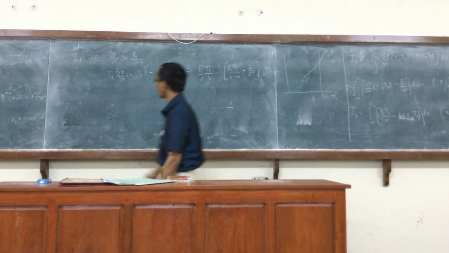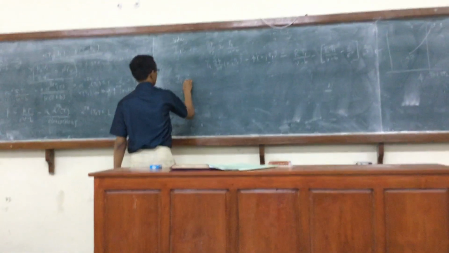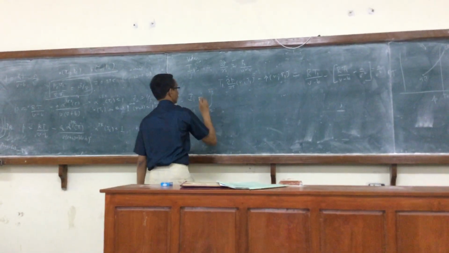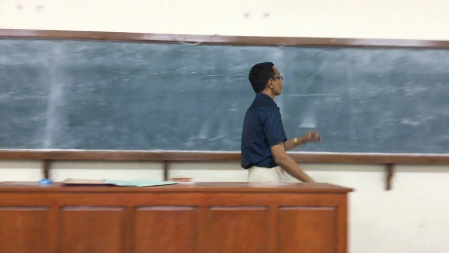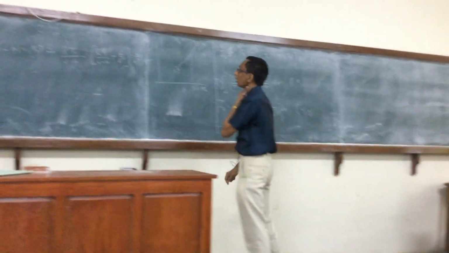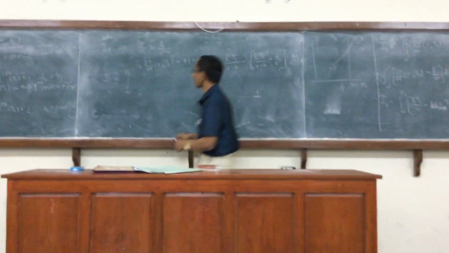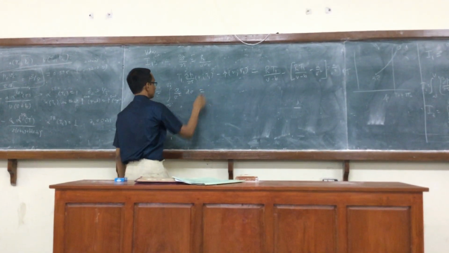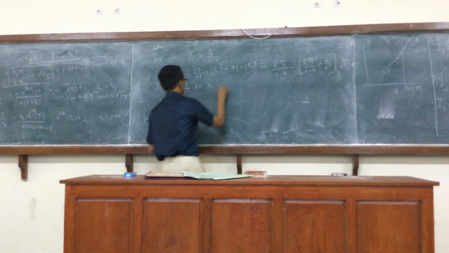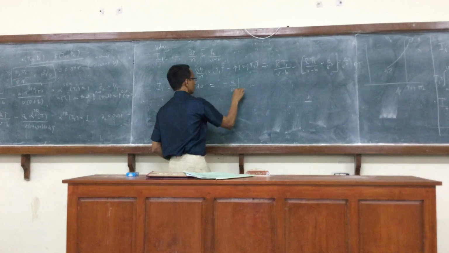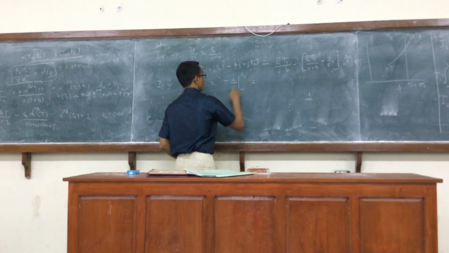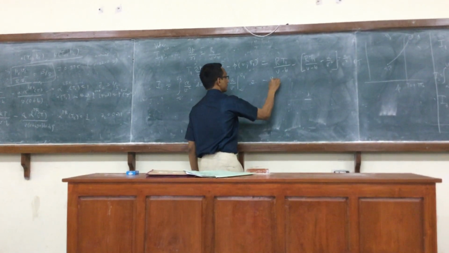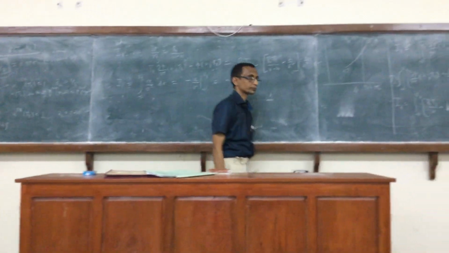Then I1 can be calculated as the integral from infinity to V1 of A over V square, dV. This will be minus A over V, evaluated between the limits, so it is simply equal to minus A over V1. That's all.